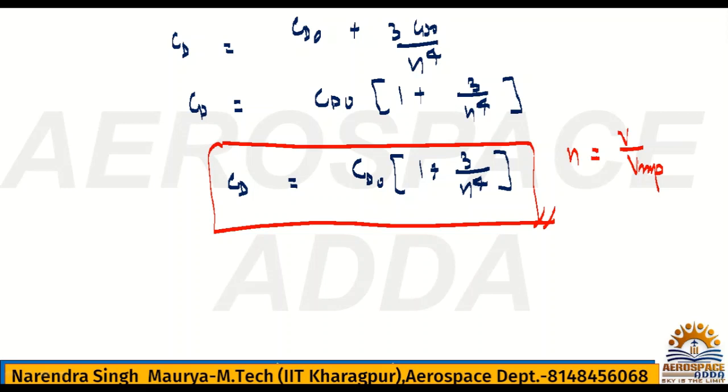Similarly, you can calculate the L by D ratio also, but here I am going to calculate power directly because our heading is the power required at other speed.